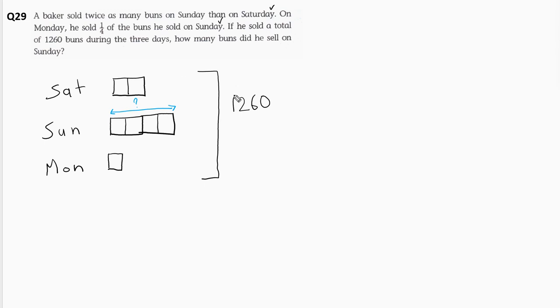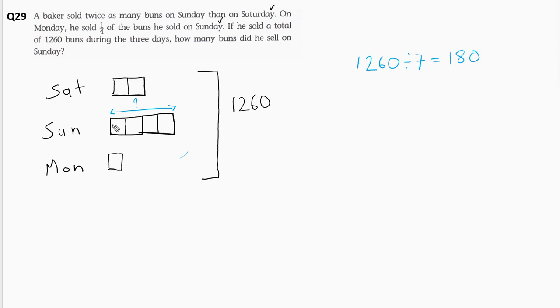Okay, so how do we calculate that? Well, we've got a value for the whole model. How many parts are there in the whole model? 1, 2, 3, 4, 5, 6, 7. So if we divide 1,260 by 7, we're going to get the number of buns represented by each part, and that is going to give us 180.